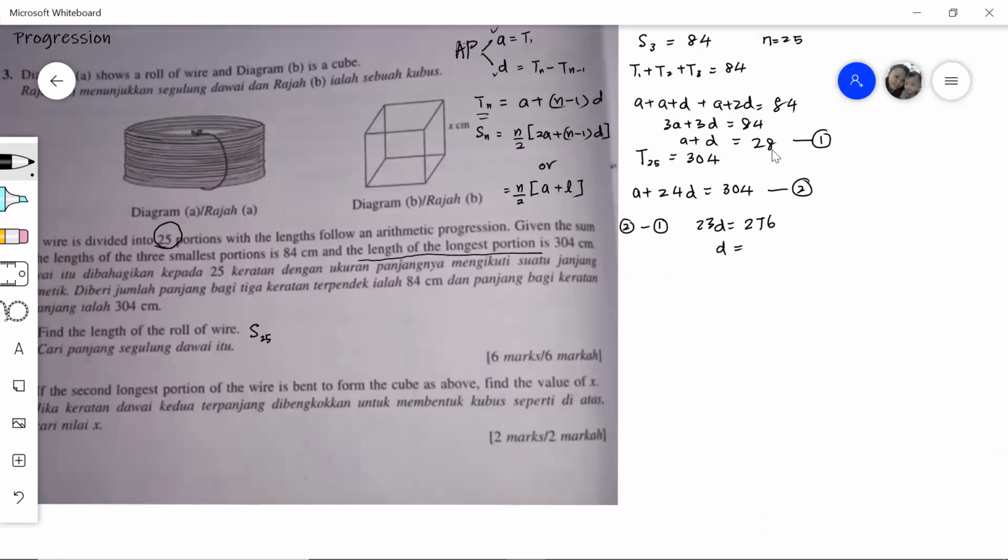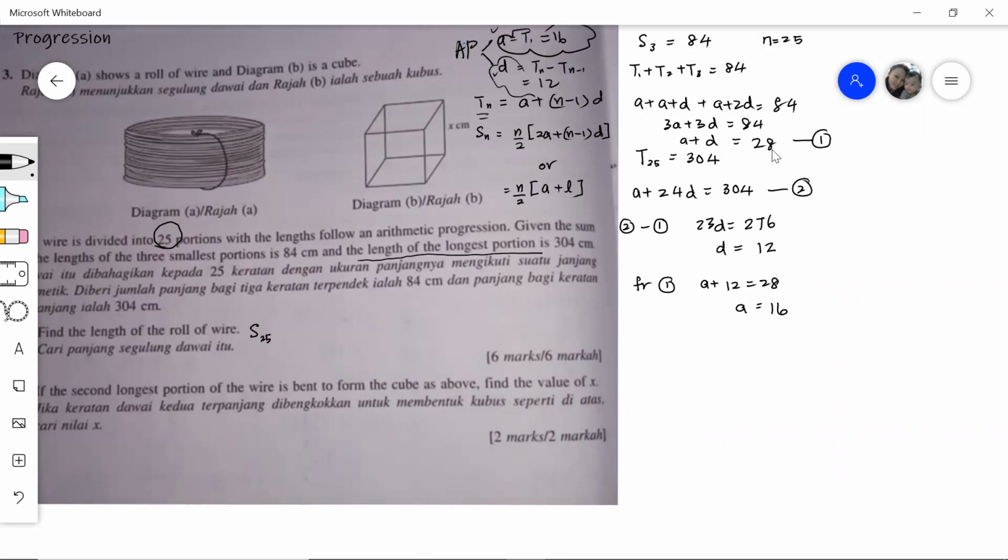So we got our d value, 12. Once we found d, we can find a. From equation 1, a + 12 = 28. Therefore, a = 28 - 12. We found a to be 16, and d to be 12.